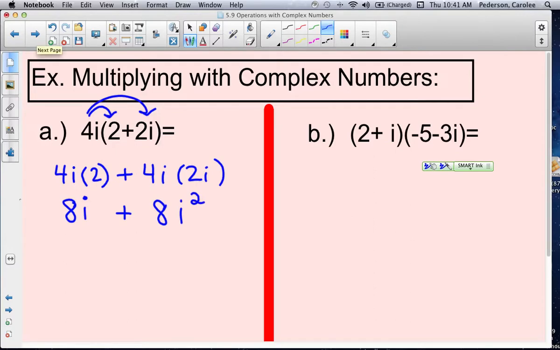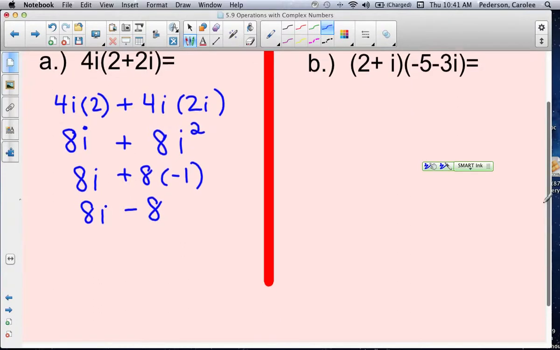Now remember earlier in your notes that i squared can be replaced with -1. So now 8 times -1 is -8. Now in standard form we want to have the real part go first, then the imaginary. Now it's in standard form for that complex number.